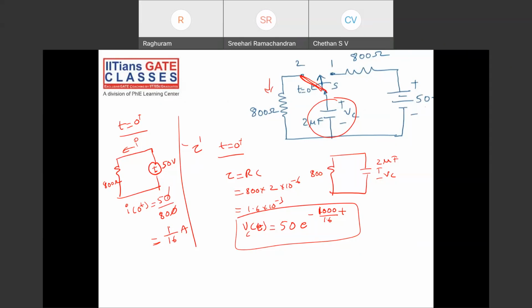Yes, that's what it means. At steady state, it actually takes an infinite time to get fully charged or fully discharged. For it to be fully charged, it must be at position 1 for infinite time, that is from minus infinity to t equal to 0 minus, in position 1. That 50 volts is charging the capacitor to that voltage.